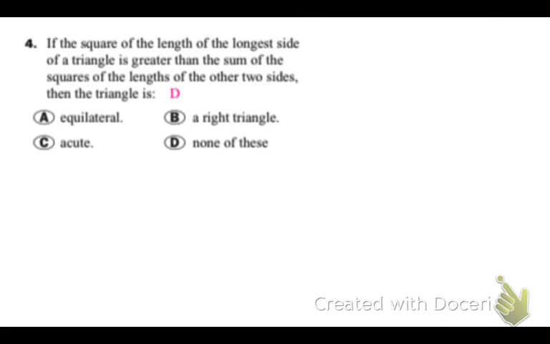If the square of the length of the longest side of a triangle is greater than the sum of the squares of the lengths of the other two sides, then the triangle is... Here you're going to need to remember the rules for triangles. We know that a squared plus b squared equals c squared is a right triangle.